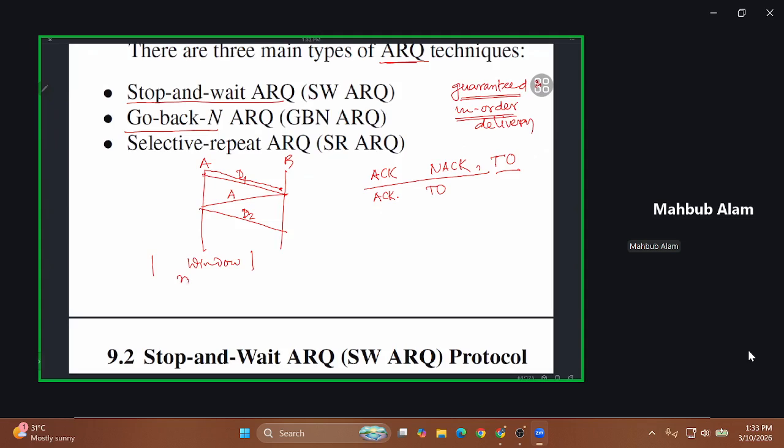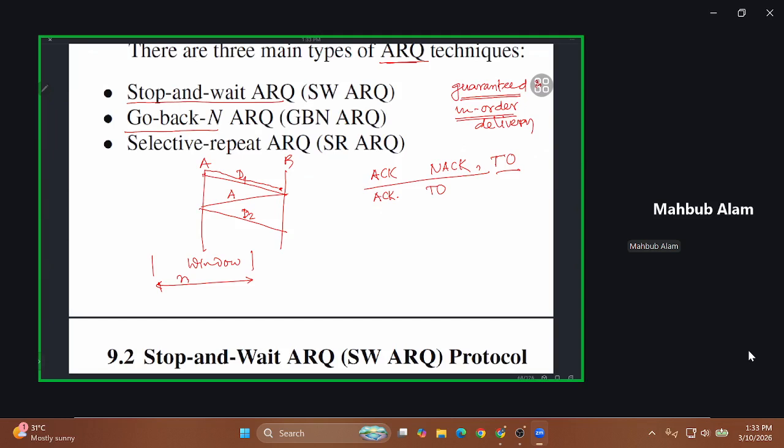All the packets will be in transit. It can transmit N packets before receiving any acknowledgement. If you receive one acknowledgement, then it can send another packet. In this way, a window either shrinks or slides, and a station is allowed to send more than one packet one after another. This increases the efficiency.